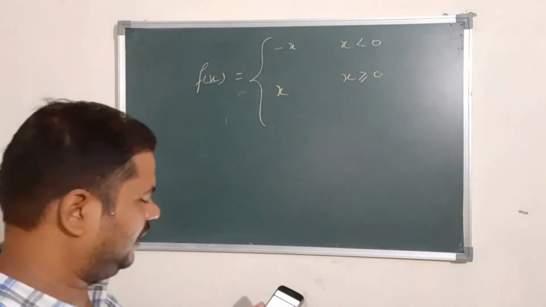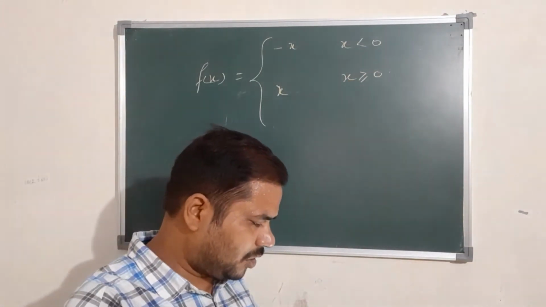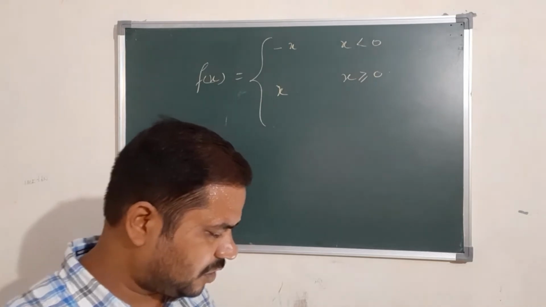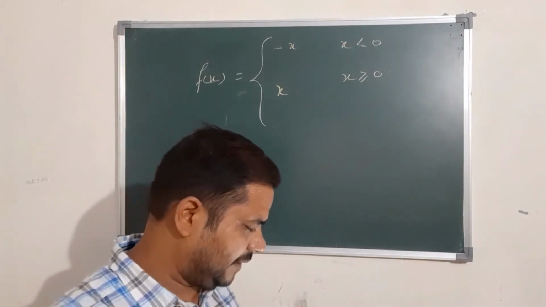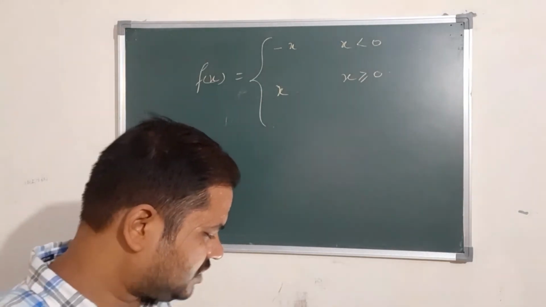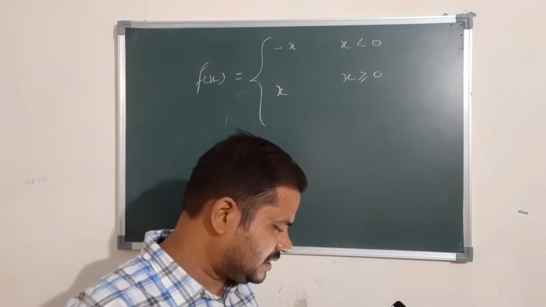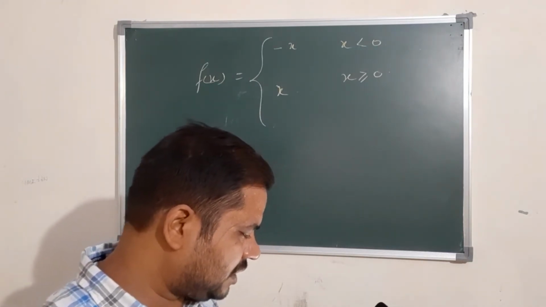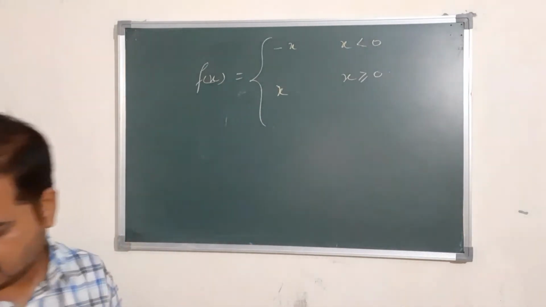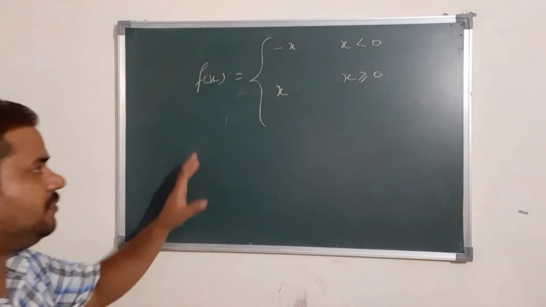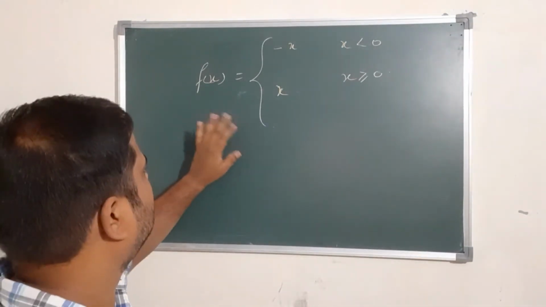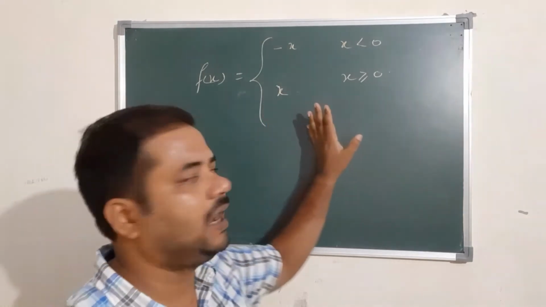Now let us see about the modulus function. Is the function f(x) is equal to mod x a continuous function, and why? First of all we find the limit of this function, then we see the continuity, because we are just at limit.